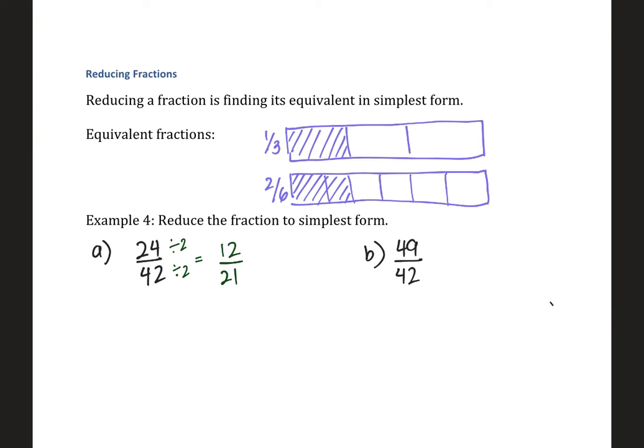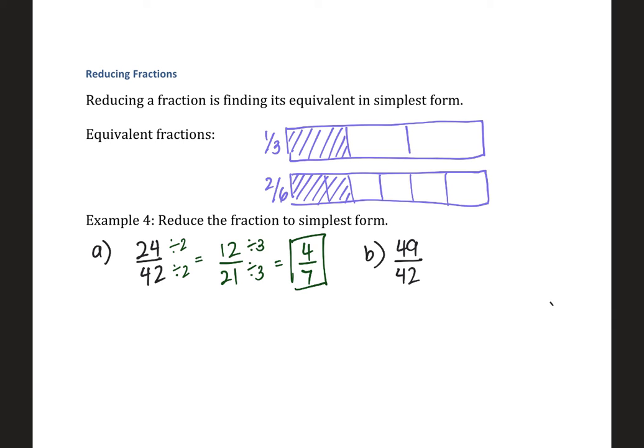Okay, 12 and 21 are both divisible by the number 3. Divide both by 3. And then I'm left with 4 over 7. 4 over 7 have nothing in common besides 1, so that is the simplest form there.